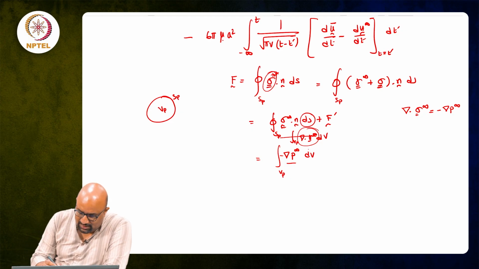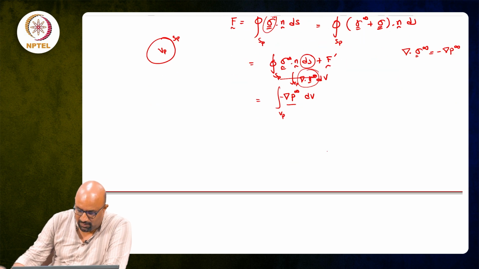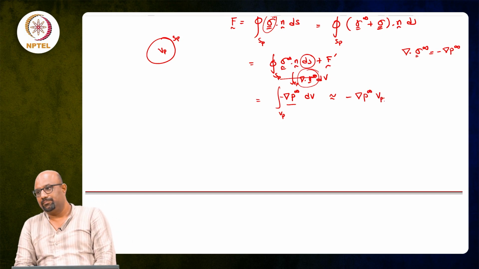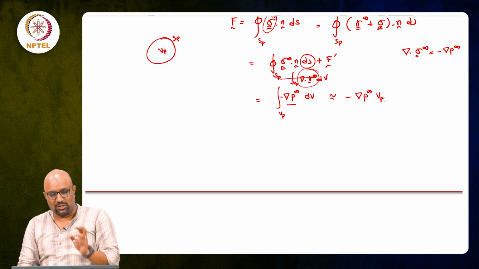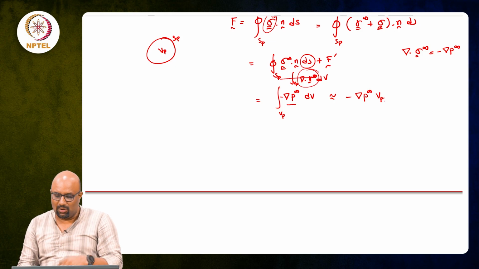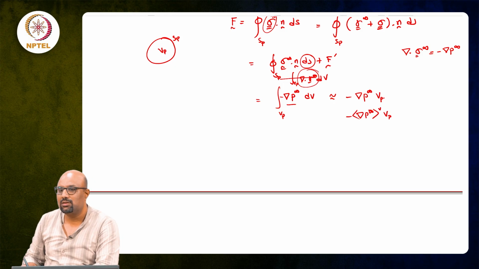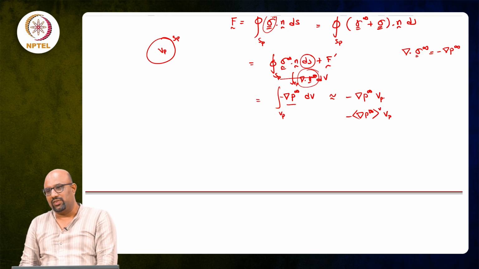If the particle size is small, I can write this as the pressure gradient averaged over the particle volume. Either I can treat it as small and evaluate it at the center of the particle, or I can write it as a pressure gradient that is volume averaged over the sphere.